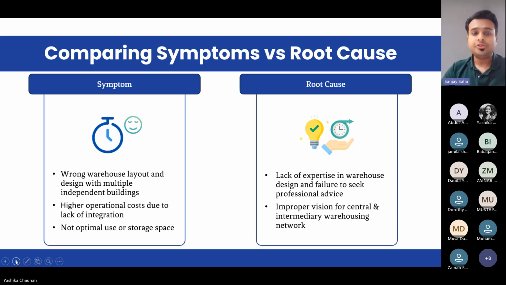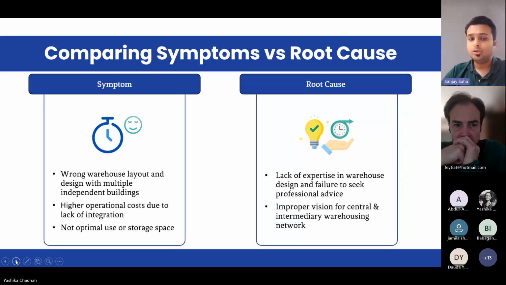Now, if you see here on this screen, what you can also do is compare between your symptoms and root causes. And this is very important because as we saw very initially when we were discussing the exercise from last week, you may by mistake write root causes when you're talking about symptoms, and vice versa.